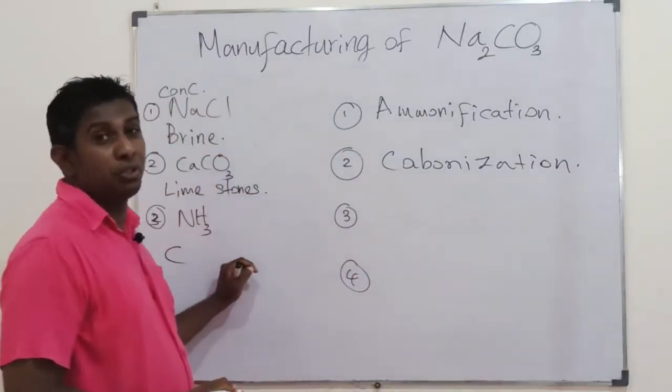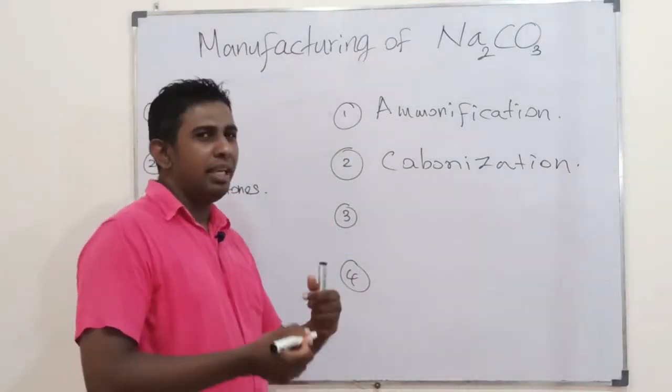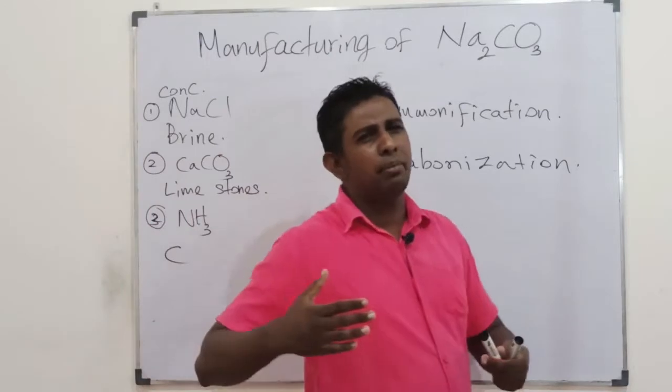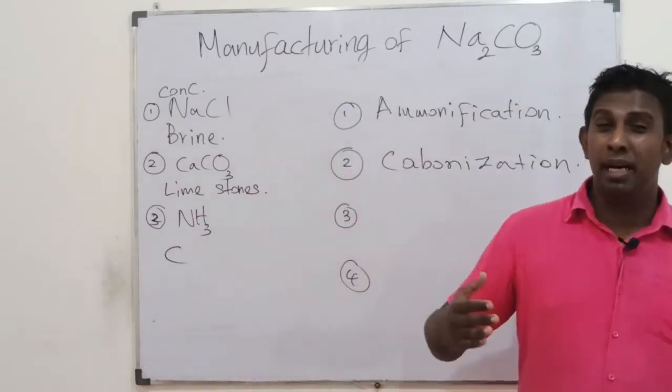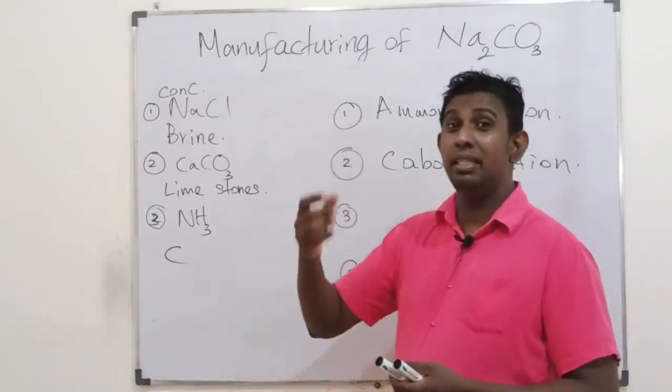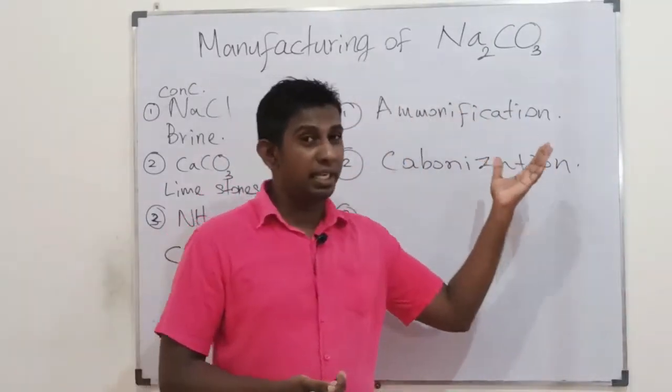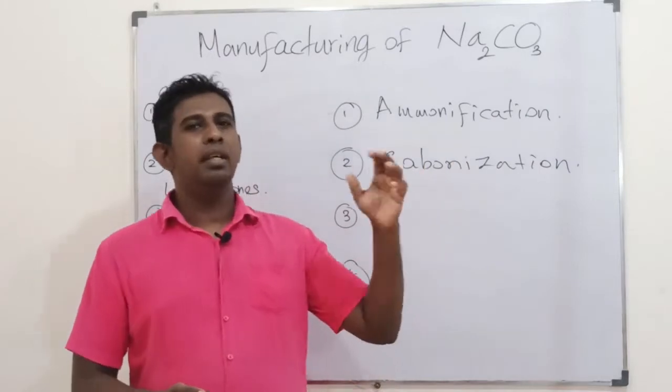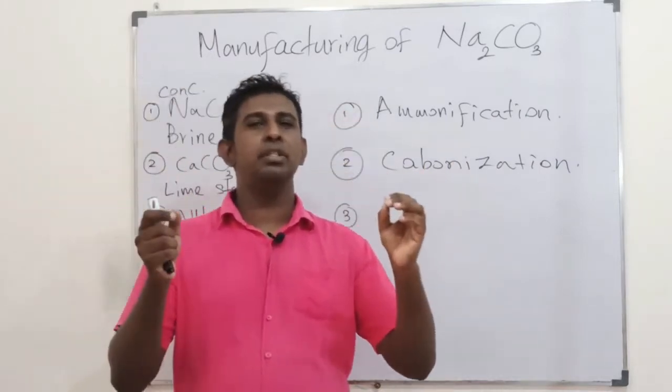The step number 2. When we follow the carbonization step, we pass carbon dioxide, we dissolve carbon dioxide in the solution we get after ammonification, after saturation of that concentrated sodium chloride solution.